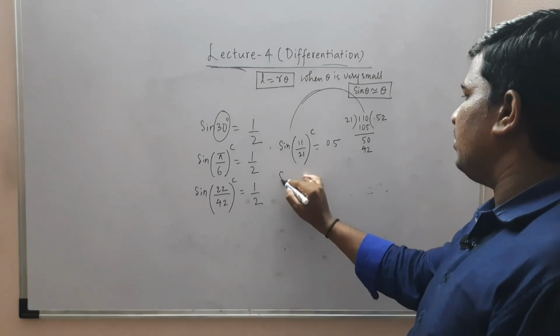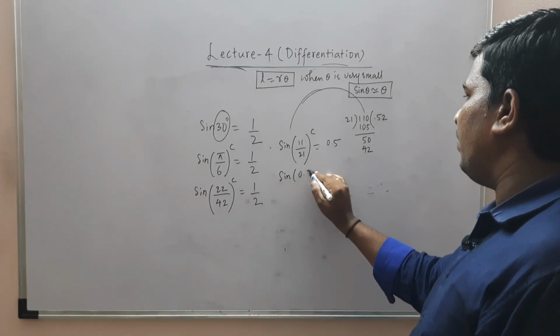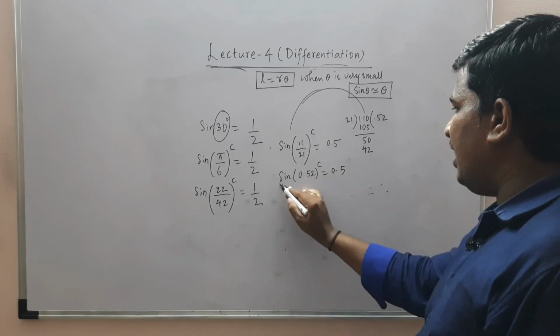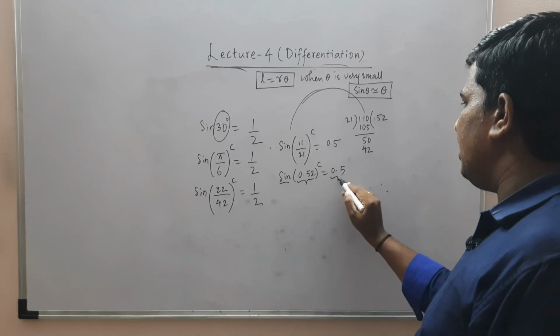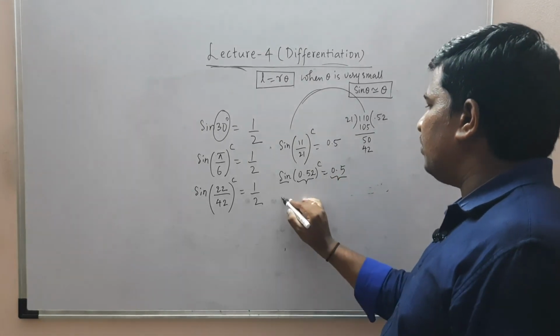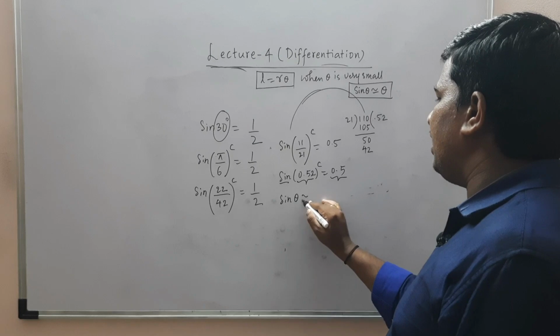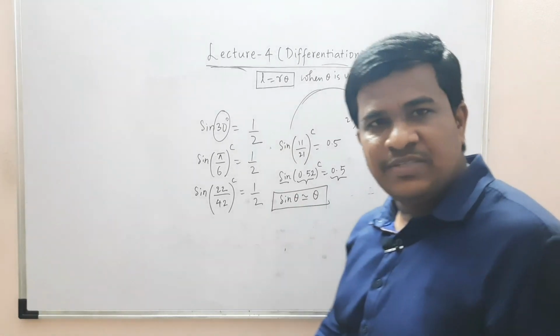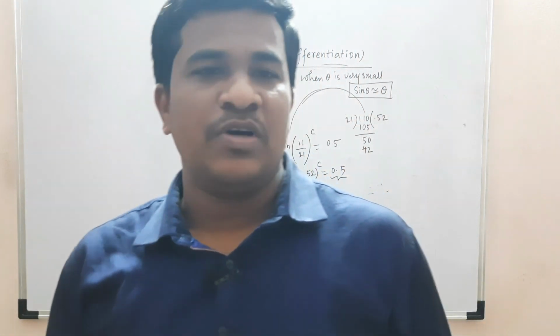So you get about 0.52, something like 0.5. So sine theta is theta, very close. When theta is very small, sine theta is approximated to theta. Please remember this.